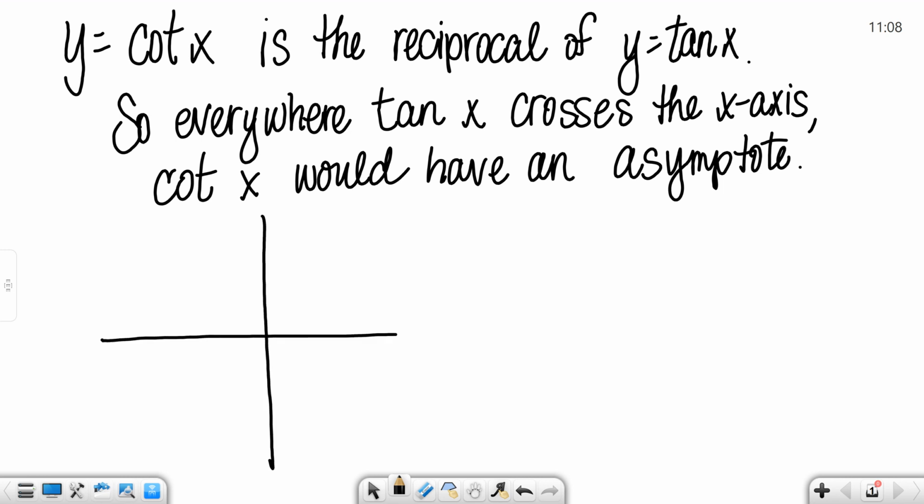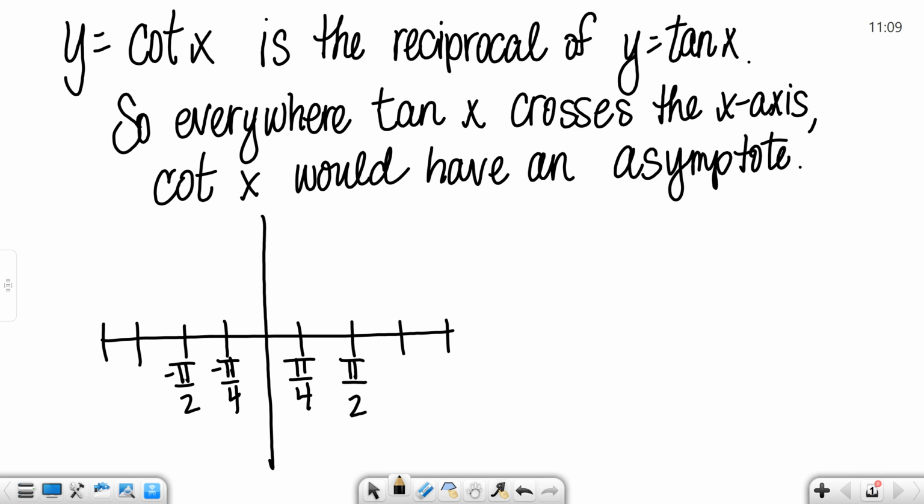So if I look at my graph, let's say I go just like on my tangent. I went -pi over 4, -pi over 2, 0, pi over 4, pi over 2. Now, when we did our original tangent, this is where I stopped. For our original tangent, we went up to 1, down to -1.